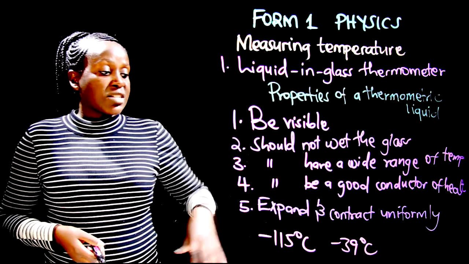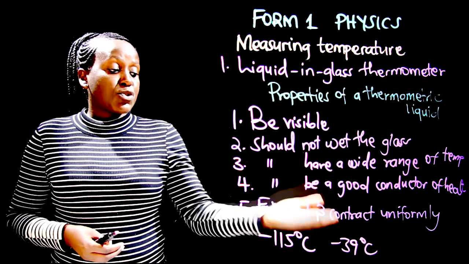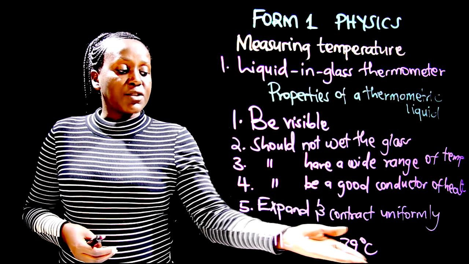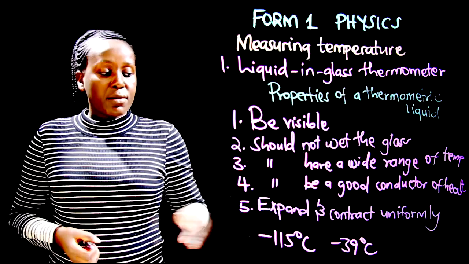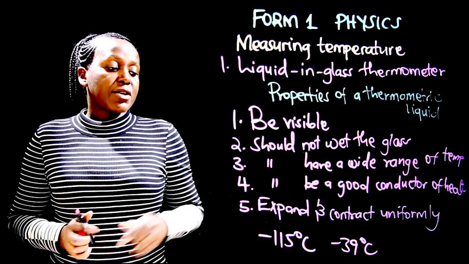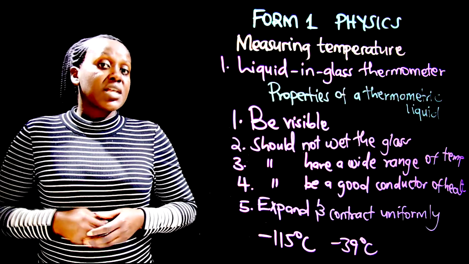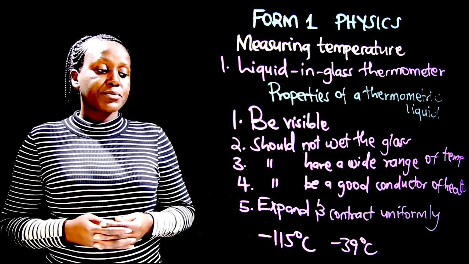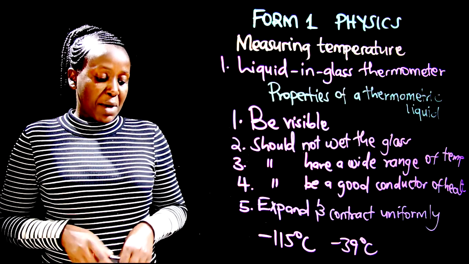So any temperatures below negative 39 degrees cannot be determined using mercury because mercury turns into a solid at negative 39 degrees Celsius. So below negative 39 all the way to negative 150 degrees Celsius, those temperatures can be measured using alcohol, okay?